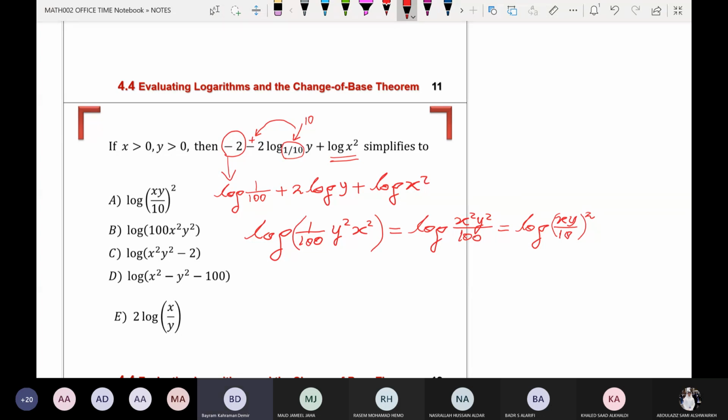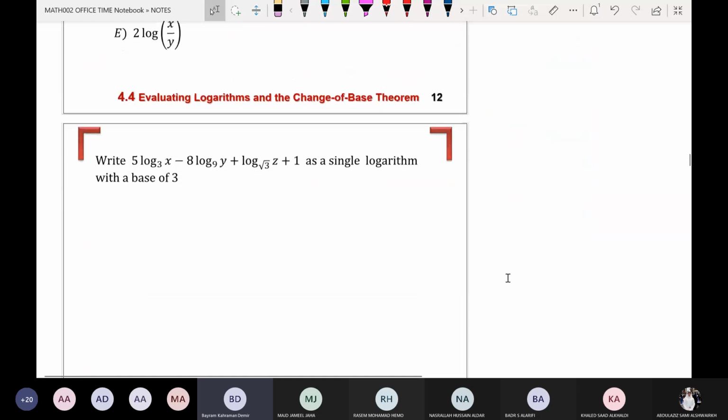All right, so that means the correct answer is A. Okay, correct answer is A. All right, now what is next? Again, we have a simple base problem, like the base 9.